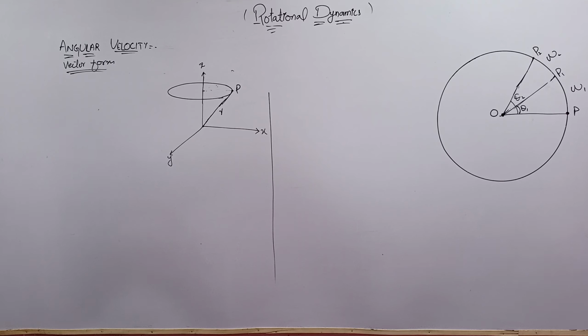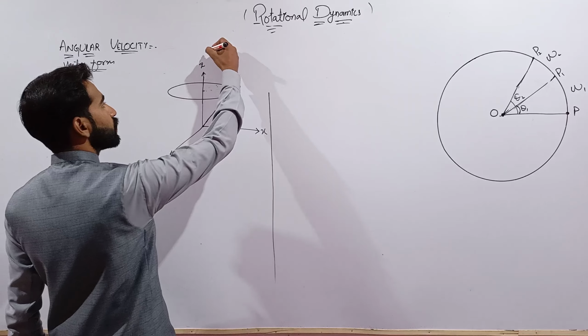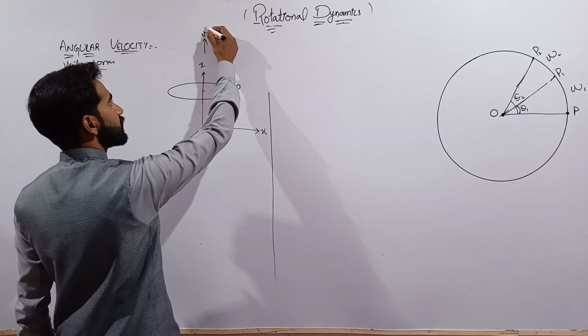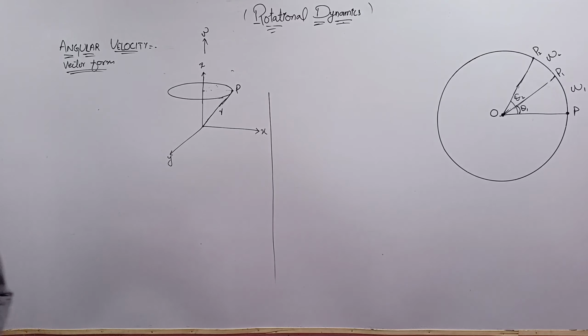The angular velocity omega is directed along the z-axis.